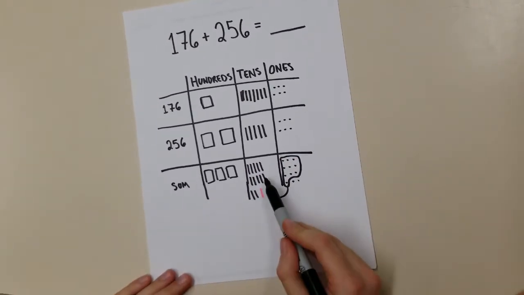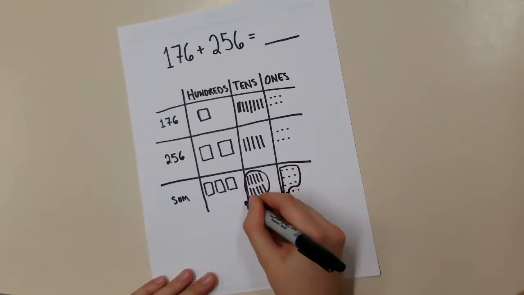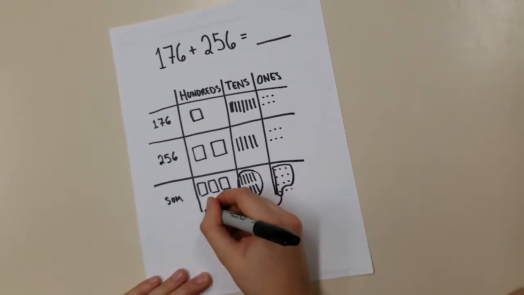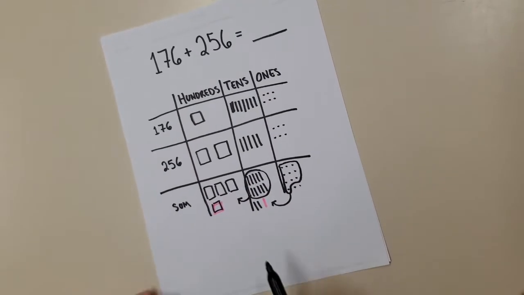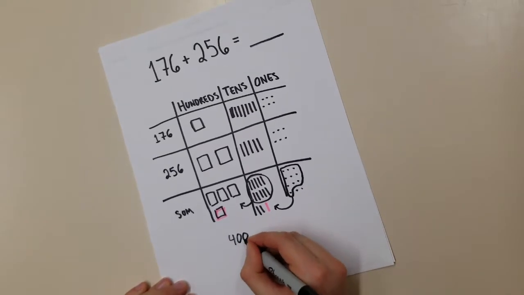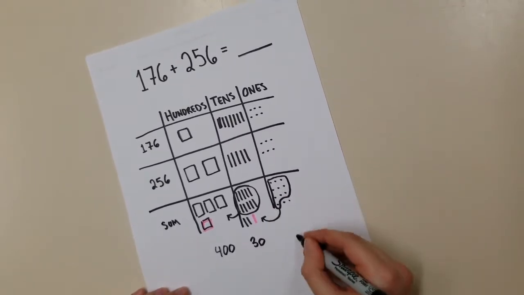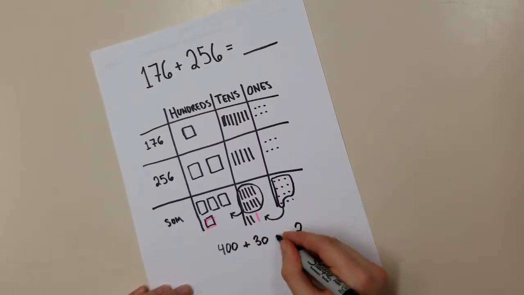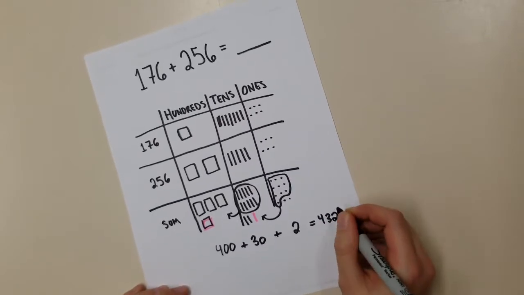And now we have 13 tens, so we can trade 10 tens to make another 100. So now we have 432. So 400 plus 30 plus 2 equals 432.